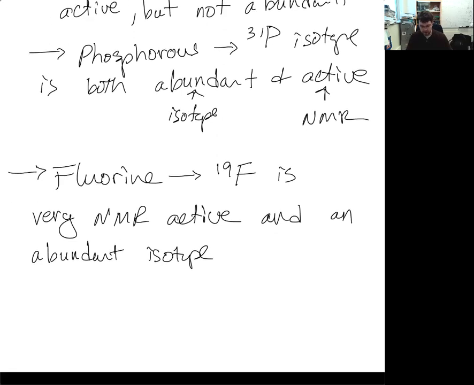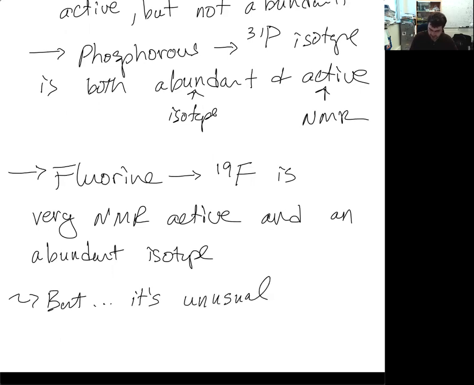Okay, now the problem with 31P and 19F is it's not often the case, but it's unusual, I think it's fair to say.